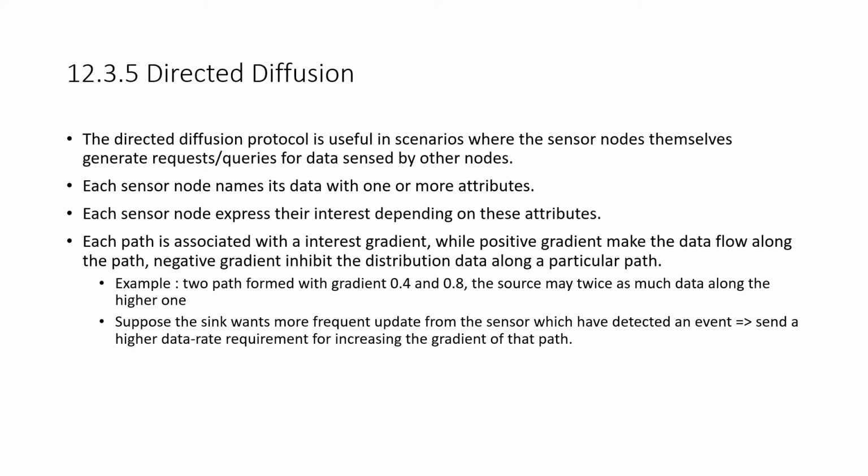The source may send more data along the higher one. Suppose the sink wants more frequent updates from the sensor which has detected an event. That implies sending a higher data rate requirement, increasing the gradient of that path.